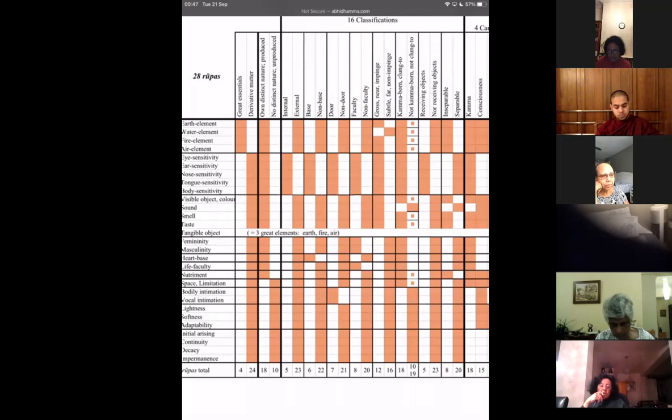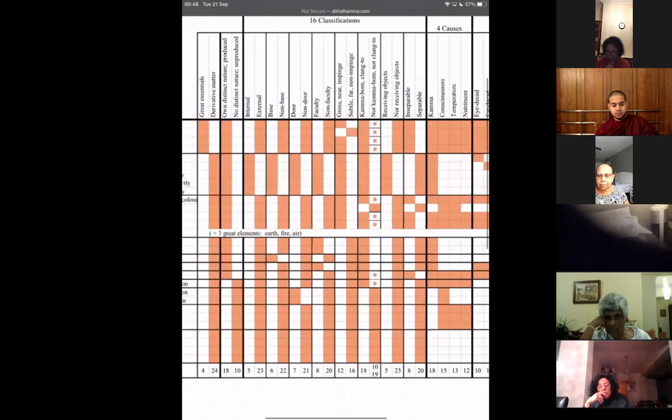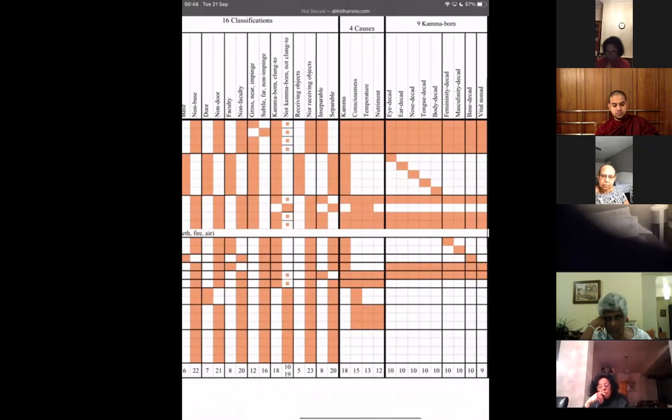But this was how it was easy for me to remember. All of the 18 karma-based or clung to are to do with upadaya. Bhante, the explanation is that karmaja, born of karma, is as a result of karmic results, right?